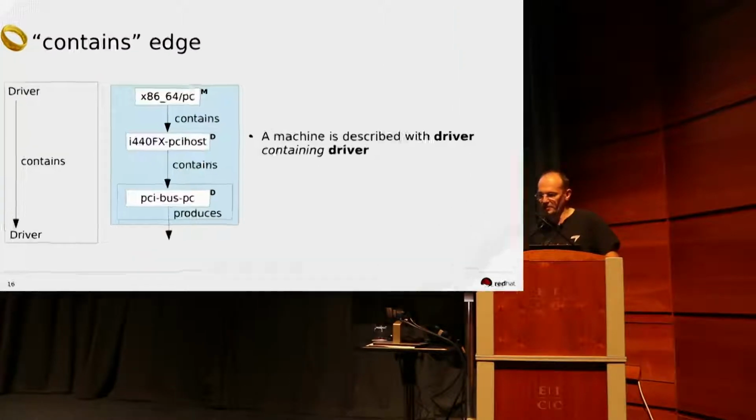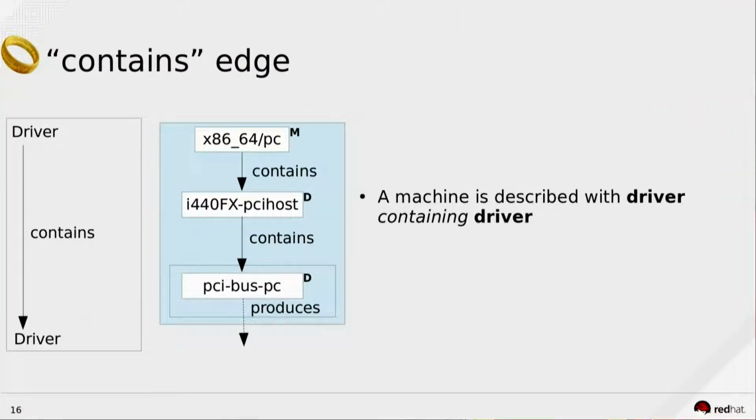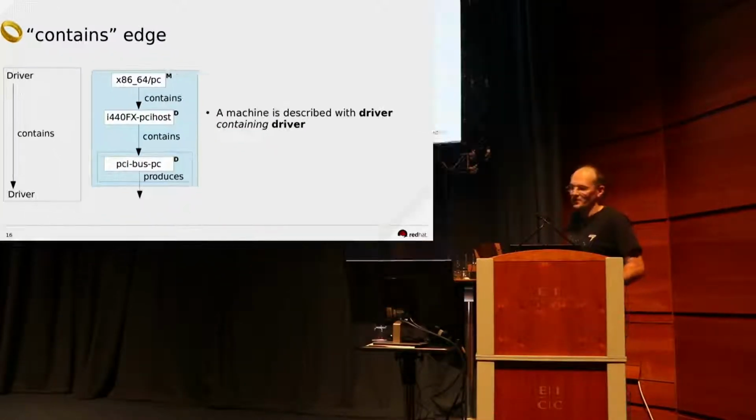So let's explain the contains edge. The first relationship we have is the contains edge, and it is used to describe a machine because we have to know what we have in the machine to know which kind of interface it can provide. A machine contains drivers. A driver is to drive the device inside the machine.